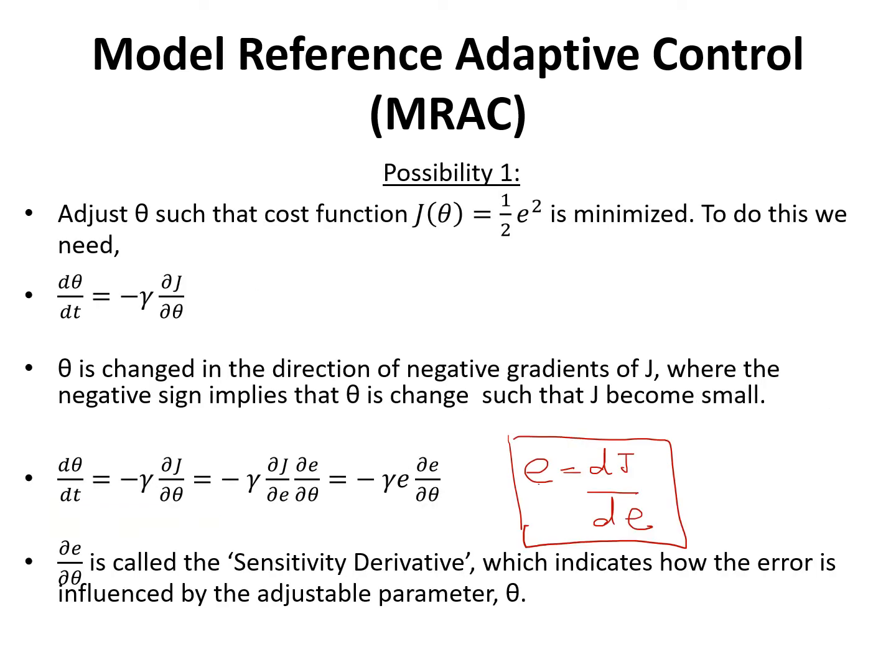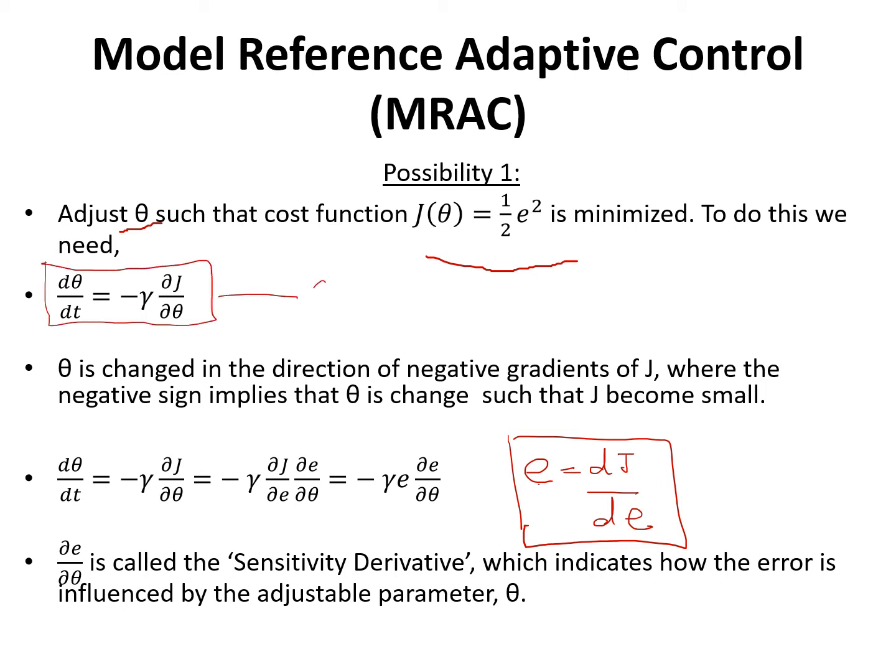Possibility 1. Adjust theta such that the cost function J(theta) equal to 0.5 error squared is minimized. To do this, we need d theta over dt equal to minus mu dJ over d theta.